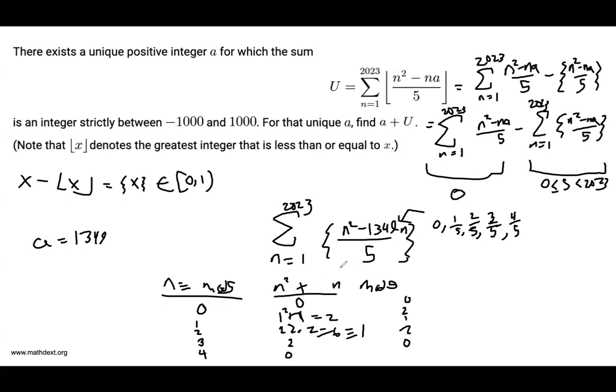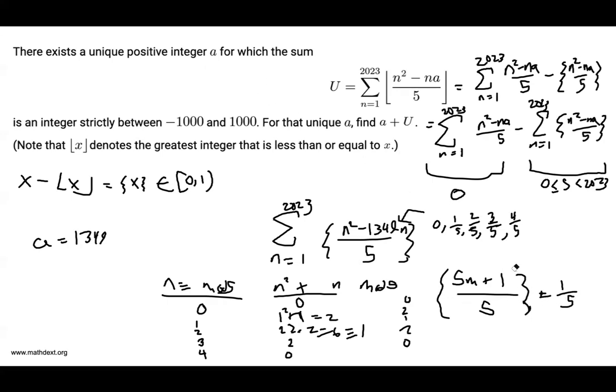So what does this mean? It simply means that, let me use an example, when n is 2 mod 5 and you plug n into (n squared minus 1,349n) over 5, you're going to get 5 times some number plus 1, all over 5. When you take the fractional part, you get some integer plus 1/5, so this fractional part is 1/5.